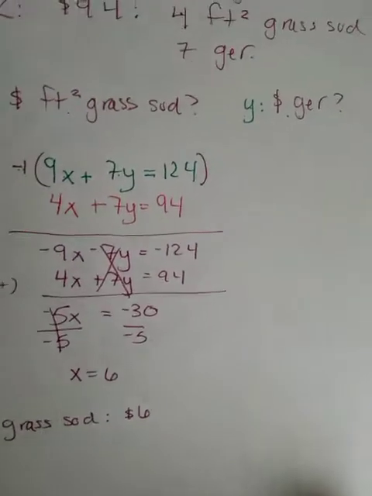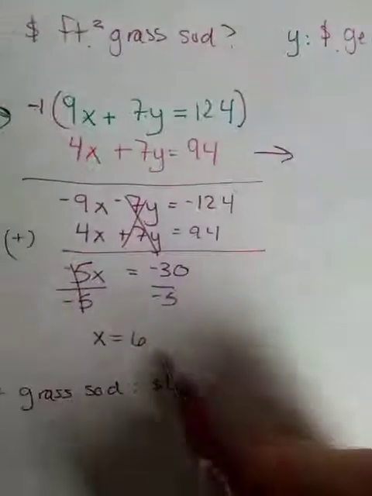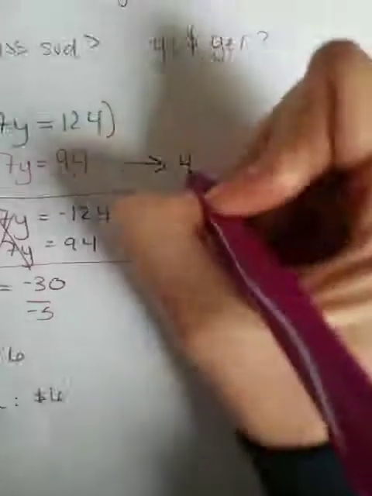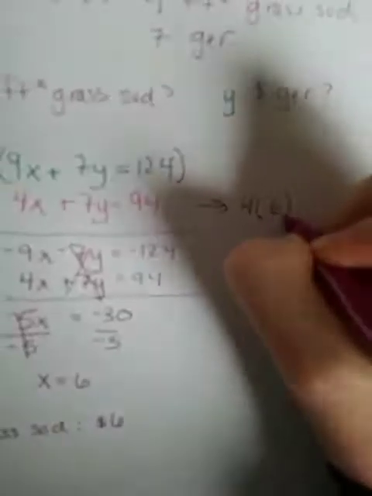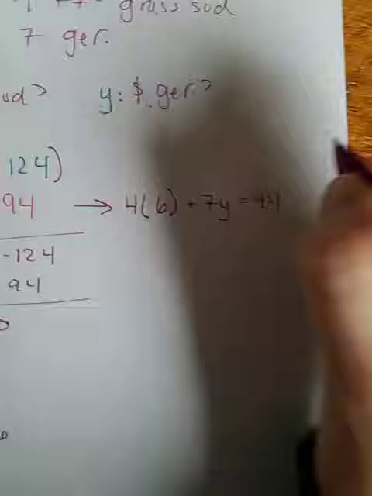Now we've got to find the geraniums. So again, pick the lesser of the two complicated equations. I'm going to go with the second one just because it looks easier. And I'm going to put 6 in for X. So I'm going to have 4 times 6 plus 7y equals 94. 4 times 6 is 24. So remember, you're trying to solve for y.